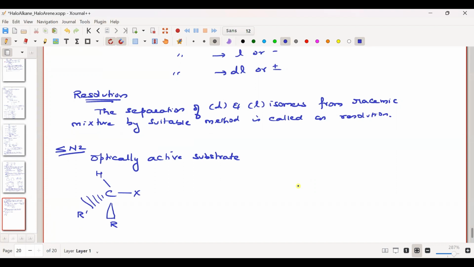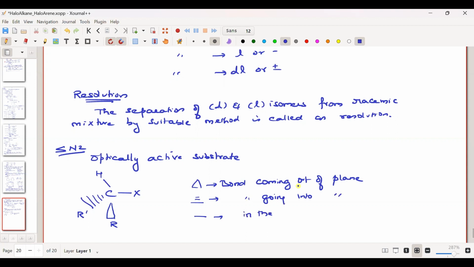Now what are these representations? The wedge line is towards the observer, a bond coming out of the plane. The dash line is a bond going into the plane. The normal straight line is in the plane.